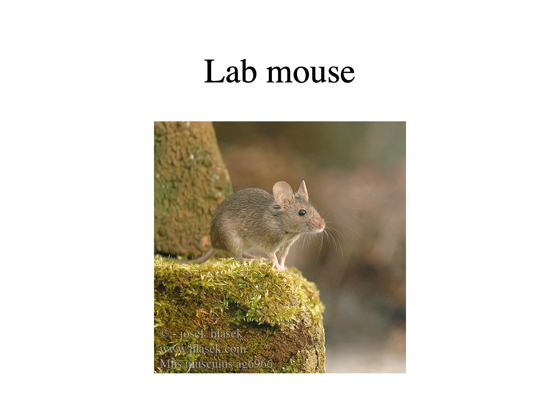And now we come to the lab mouse, Mus musculus. This is also another model organism that has been used, again, for well over 100 years. Here we're looking at a mammal.